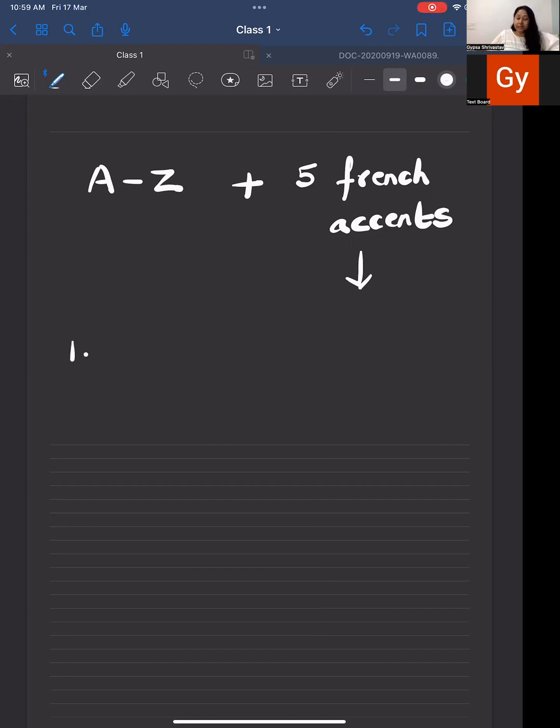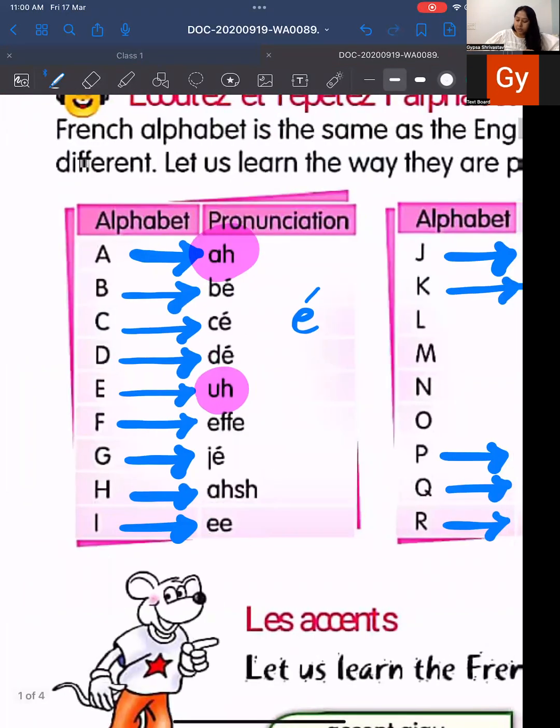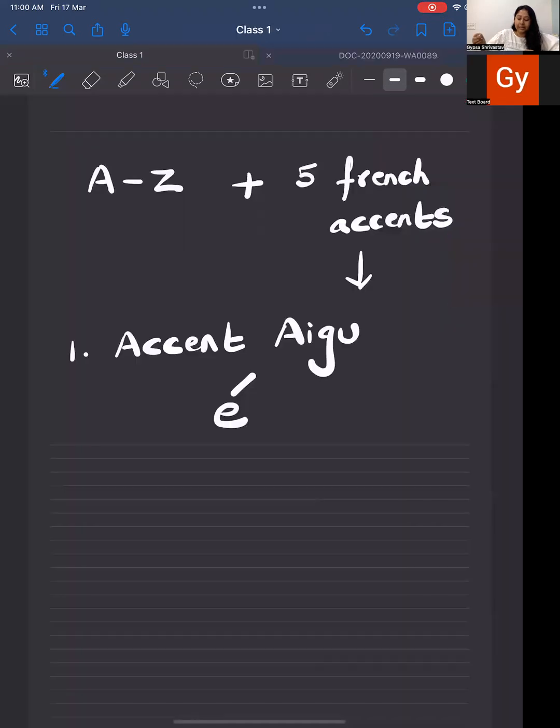The first accent that we have is known as accent aigu. Usually, it comes on an E. It's a bar tilted towards the right. Now, if you remember our alphabet table, E is pronounced as A. What this particular accent does is, it converts the A sound of E into an A sound.